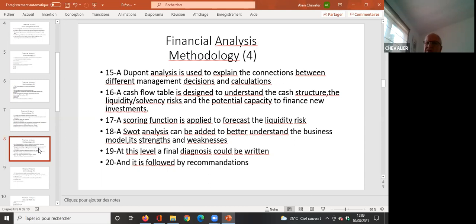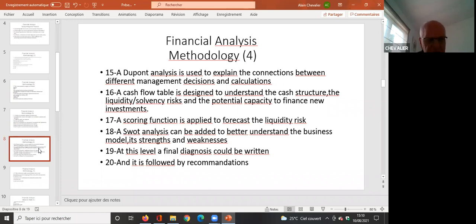So that's the reason why I say a few words about it right now, even if I will not deal with these cash flow tables today, because we have courses on valuation and on M&A, where you will use these tables in order to obtain the necessary information on the cash policy and modifications of a firm.